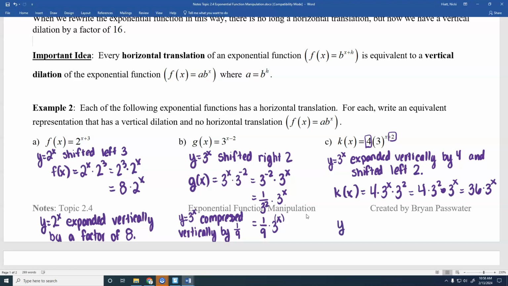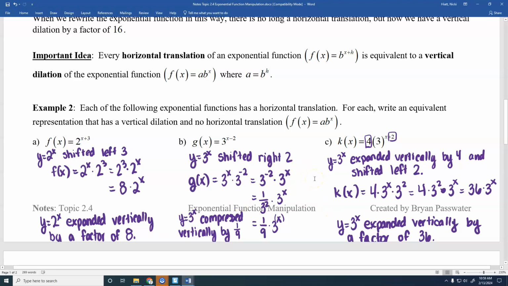This would be y equals 3 to the x expanded vertically by a factor of 36. Okay, questions there?